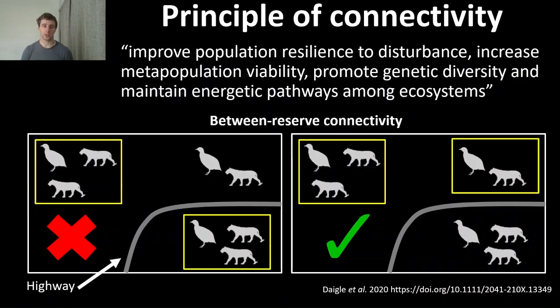This isn't ideal because highways can serve as a barrier for many species. So if we want to promote connectivity, we would ideally want our reserves to be configured so that individuals don't have to cross this highway in order to maintain those movements. That's why the example on the right is considered better.